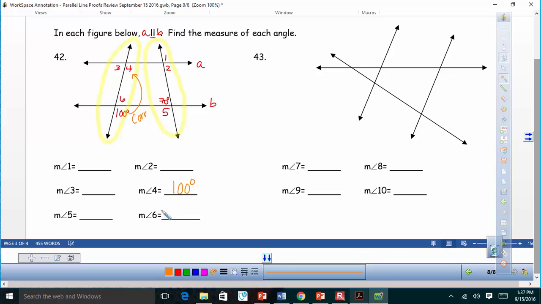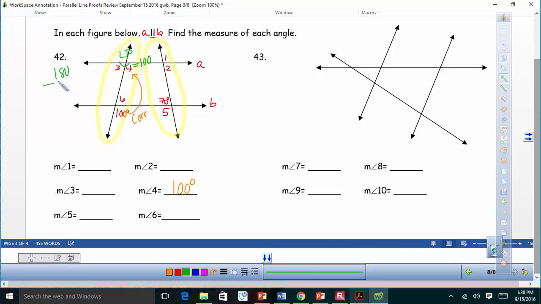Ryan? They have a relationship? Do 100 and 3 have a relationship? No, they do not. Okay, what do you think, Haley? Okay, 3 and 4 are a linear pair. Okay, we know that 4 is 100, so how would I find 3?